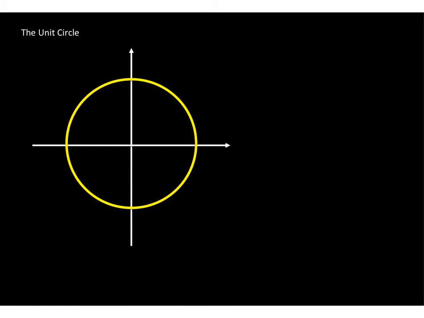Now, so far, when you've worked in degrees, you know that this point here represents an angle of 0 degrees. Up here, 90 degrees, marking the first quadrant, 180 degrees, marking a halfway point on the circle, 270 degrees here, 3/4 of the way around, and then 360 degrees matches back up.